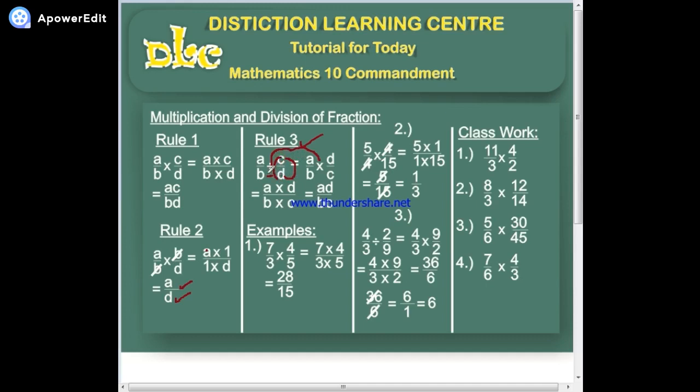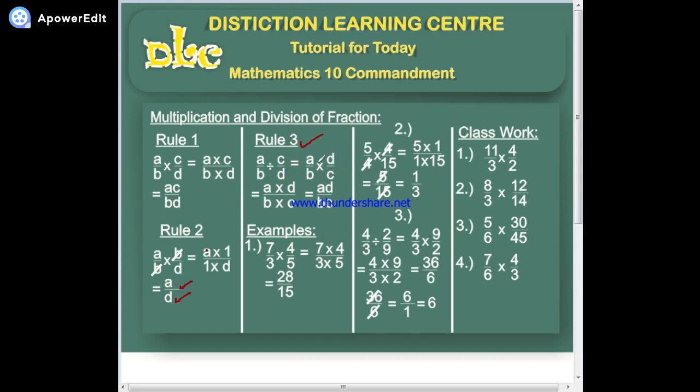That is how we arrive at this D over C. You can see that this D comes to the numerator, and this C comes to the denominator. So that is the rule, and we call it the reciprocating rule.